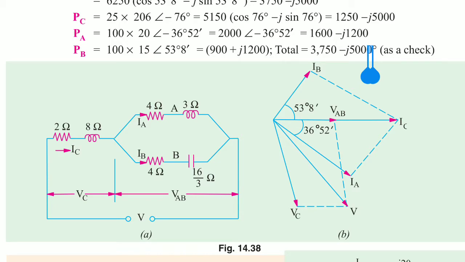Plus 53 degrees 8 minutes means it is drawn in the first quadrant. IB is in the first quadrant, IA in the fourth quadrant. So IA is minus 36 degrees, IB is plus 53 degrees. So the resultant of IB and IA gives the IC. IA and IB give the IC. So this is the resultant current of IB and IA.